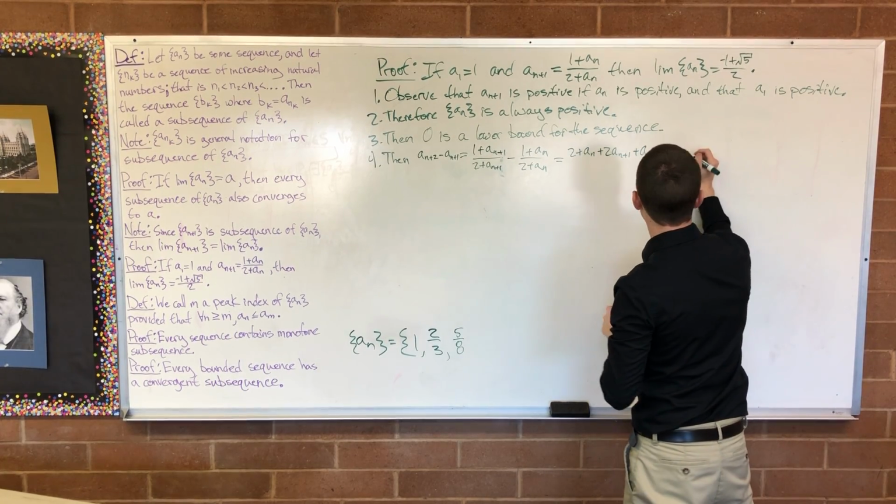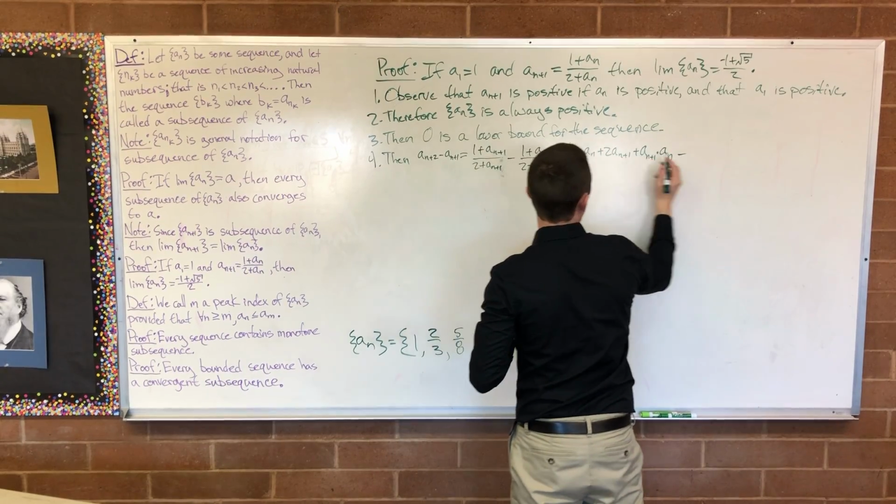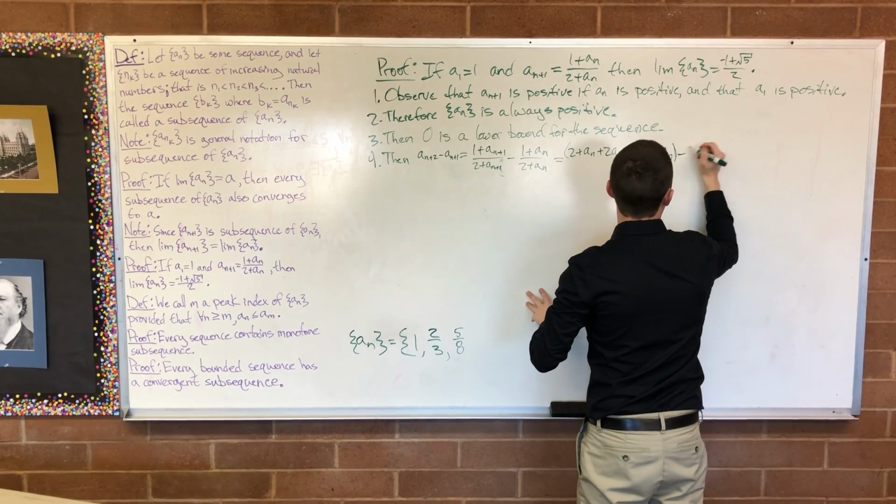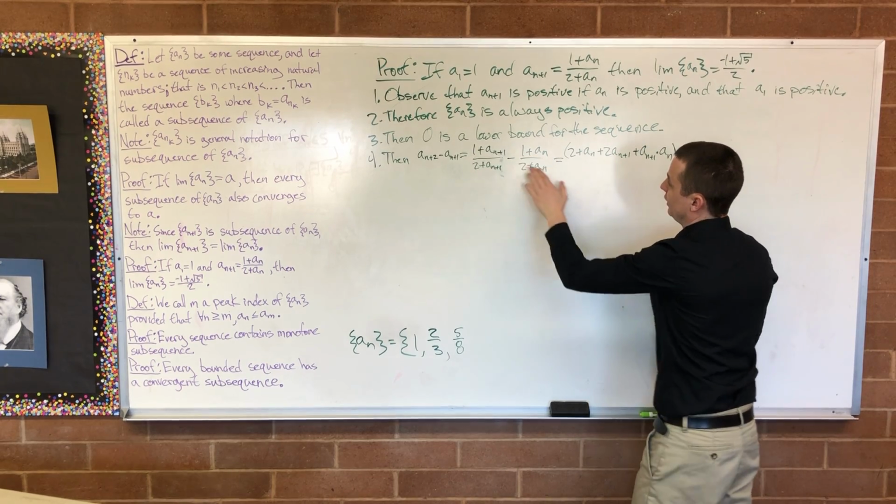And now we're going to have minus, let's put parentheses so we can keep track of where everything came from. And then minus, I'm going to multiply this into this.